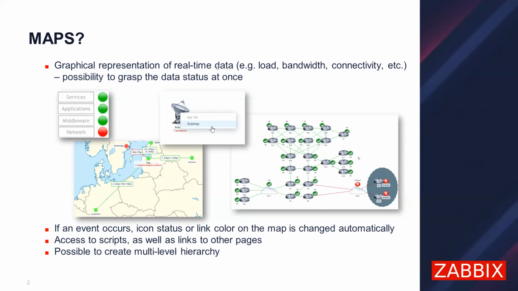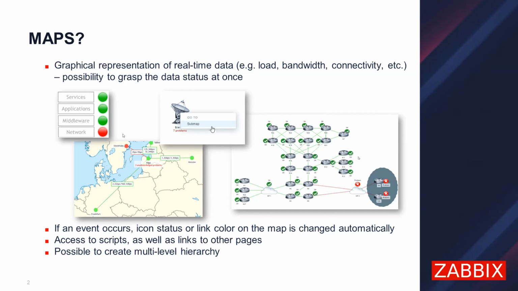So maps are a graphical representation of real-time data. It can be different, it can be load, bandwidth, connectivity, and so on. But maps enable the user to have a general view and grasp all data status at once. As you see, we have some examples of maps here. We have a small representation of some set of routers.